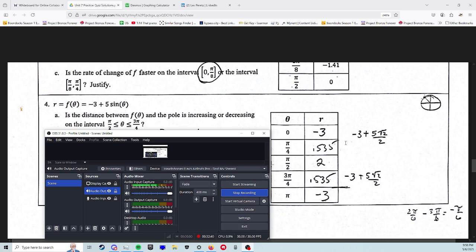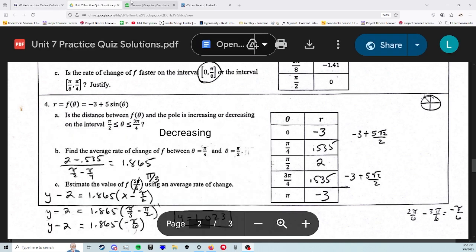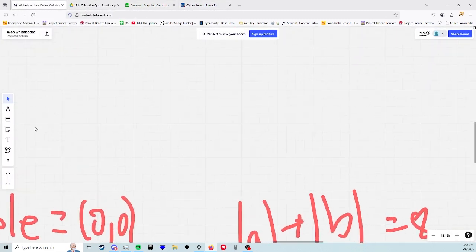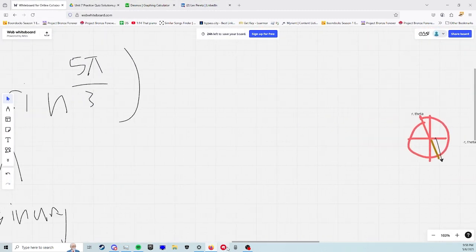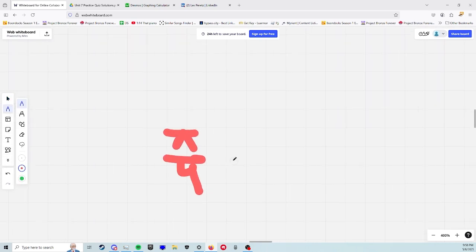So basically, in order to do this, we start at -3 over here, and you add 5 root 2 over 2, because the pi over 4, you basically multiply that by the sine and cosine of pi over 4, which is root 2 over 2.